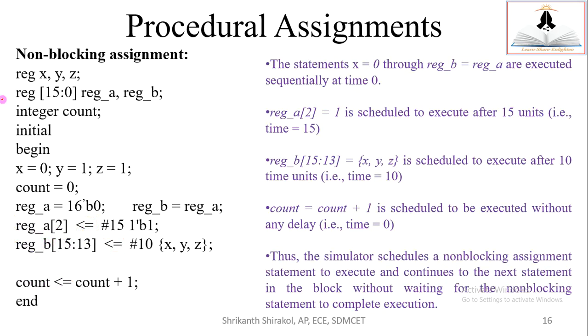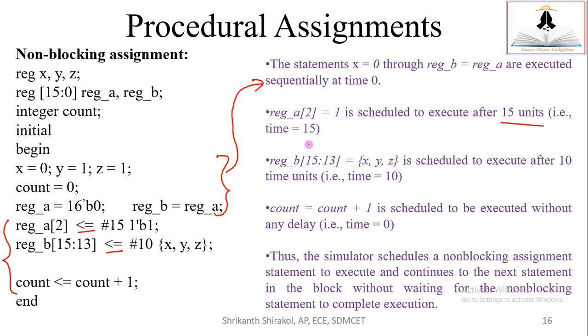You can see, same code, my concentration is only on these three. Up till here, no change. The statements from x equal to 0 till register_b equal to reg a are executed at 0 simulation time. No change at all. And here, reg a of 2 is scheduled to execute after 15 time minutes.